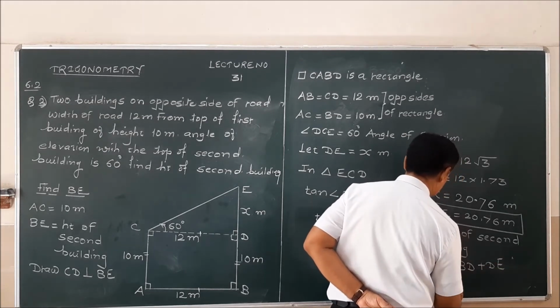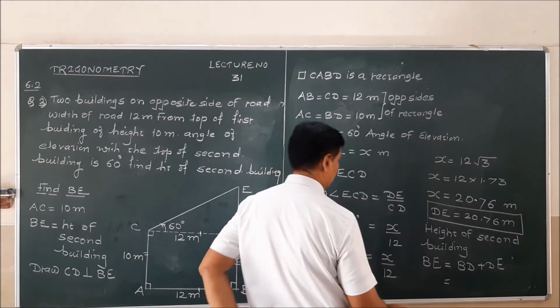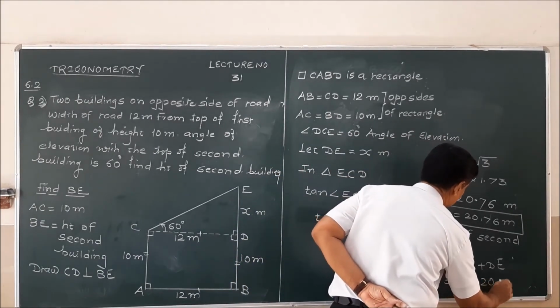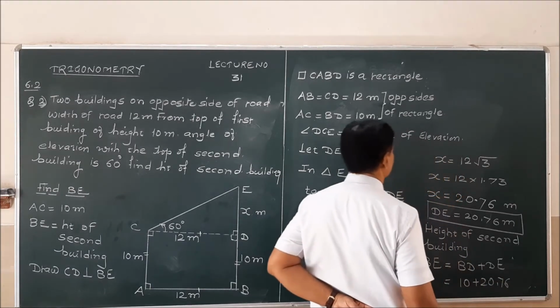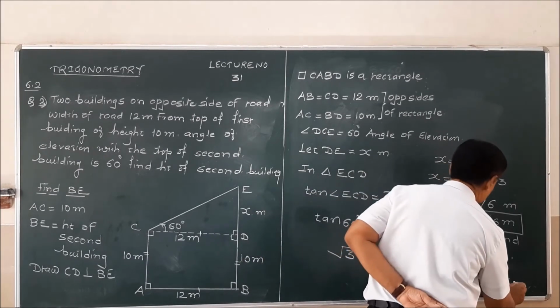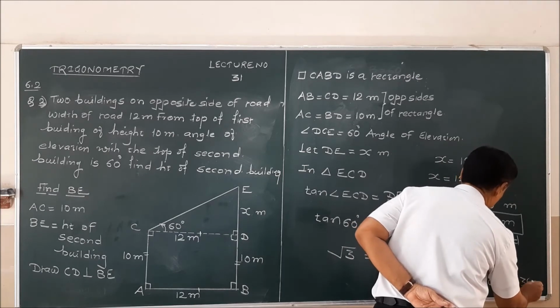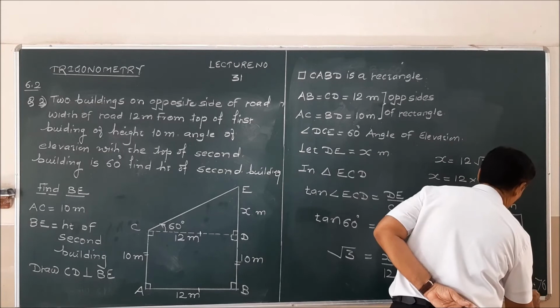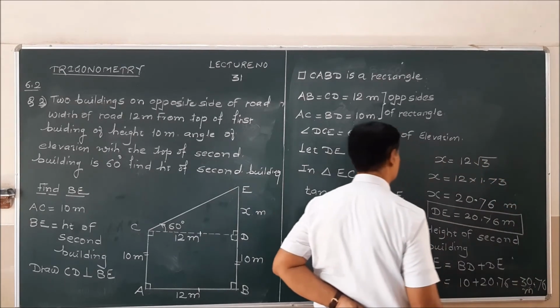What is BD? BD is 10 plus 20.76. That is equal to 30.76. Don't forget to write meter.